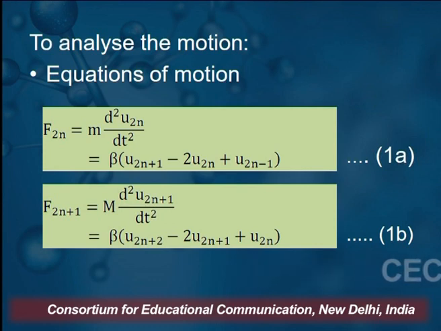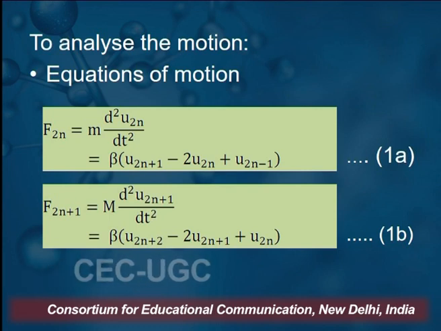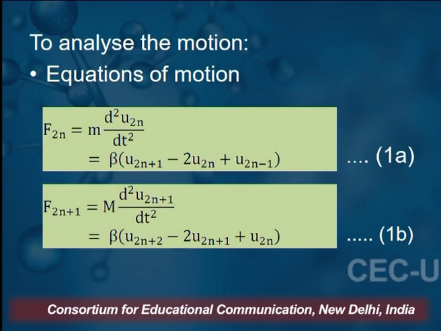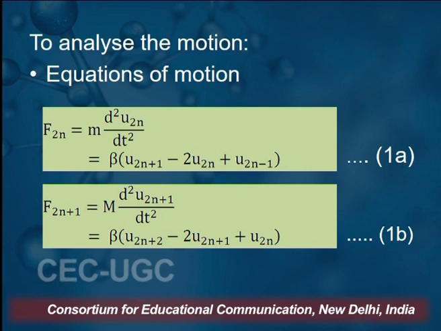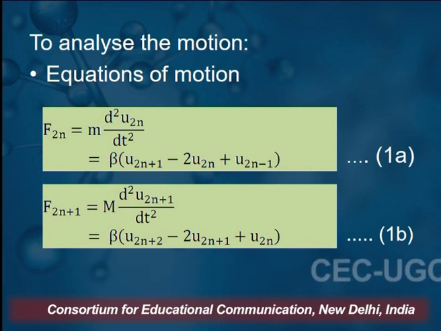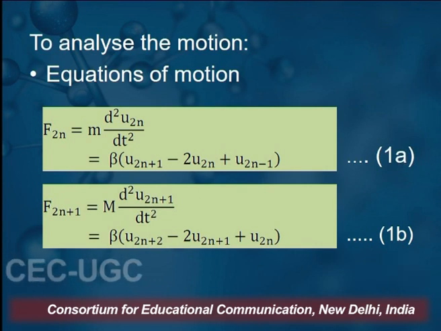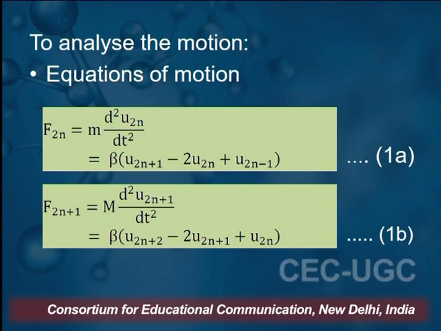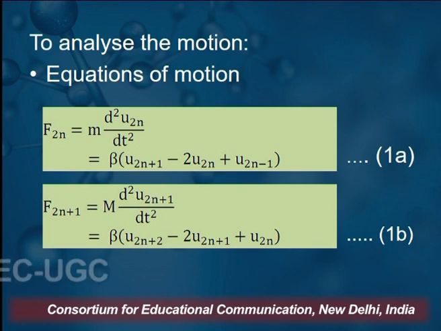Then to analyze the equation of motion as we did last time, the force on the 2nth mass, F2n, is equal to m d square u2n by dt square, which should be equal to beta times u2n plus 1 minus u2n plus u2n minus 1. And the force on the 2n plus 1th mass will be capital M d square u2n plus 1 by dt square.